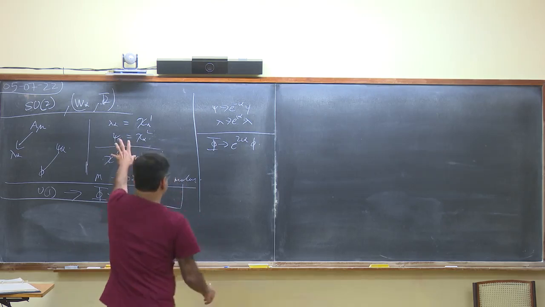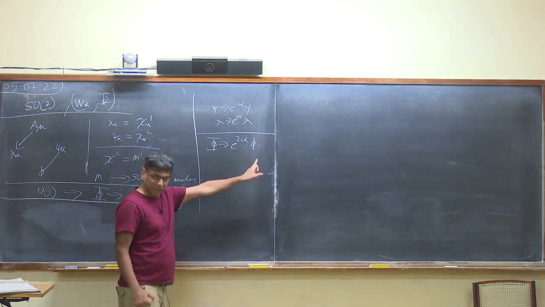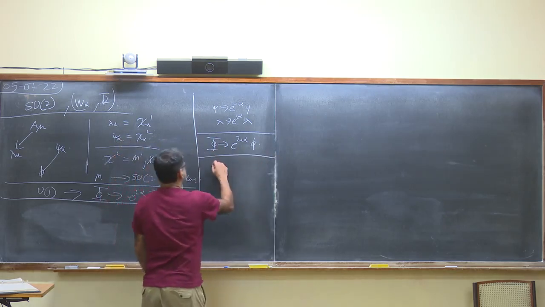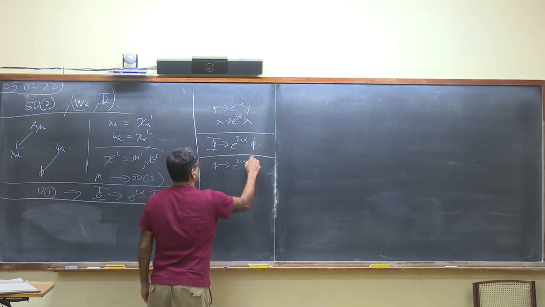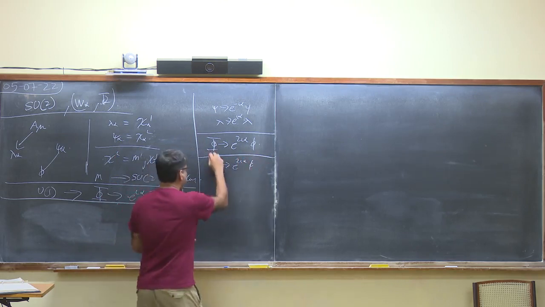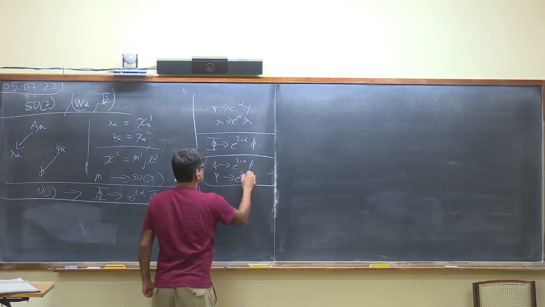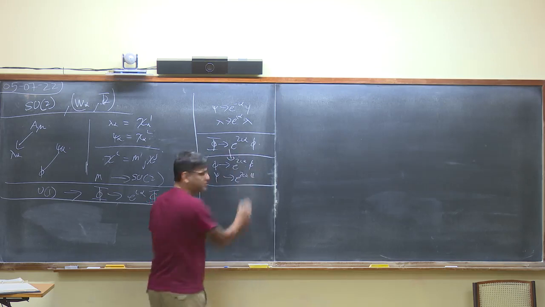Otherwise it wouldn't be a symmetry. And there was the old SU2 symmetry. Now this full thing, what it does is phi goes to e to the power 2i alpha phi, and psi goes to e to the power 2i alpha psi. That's the explanation of what this is.